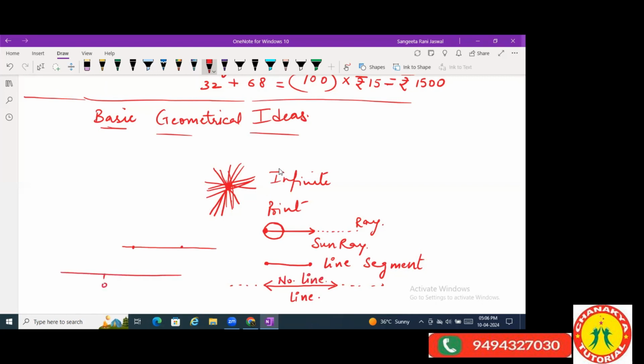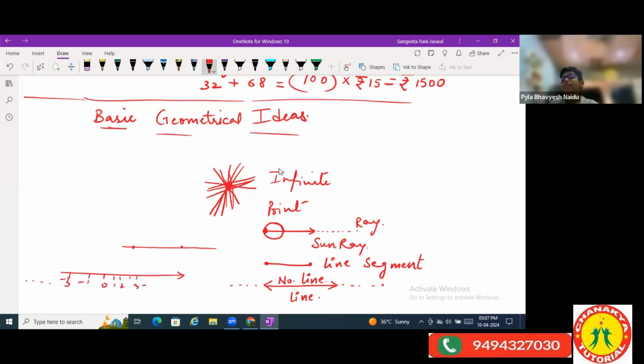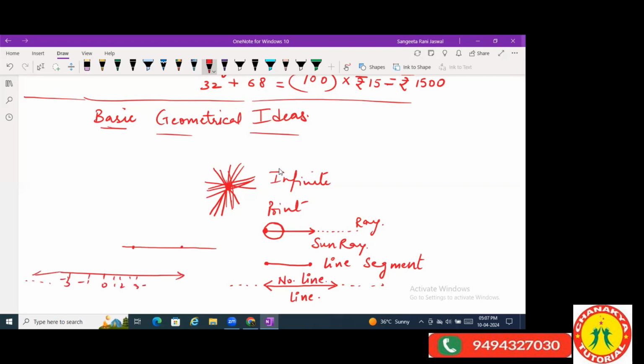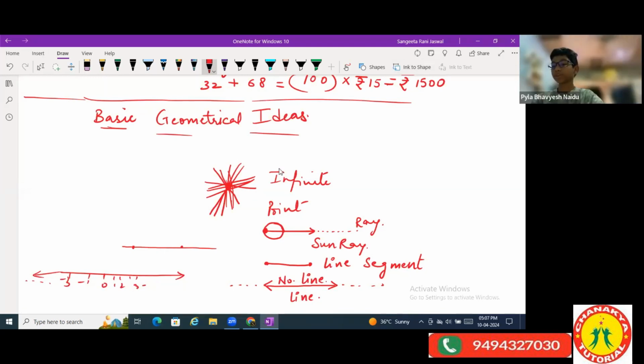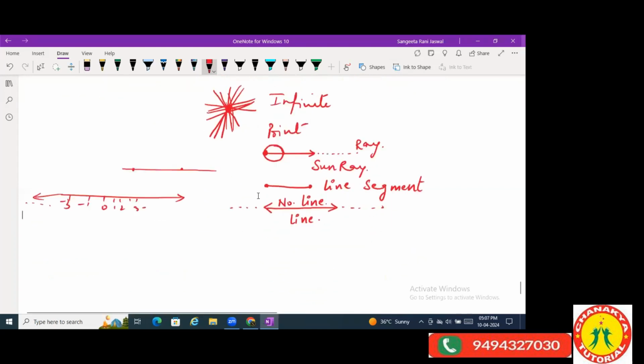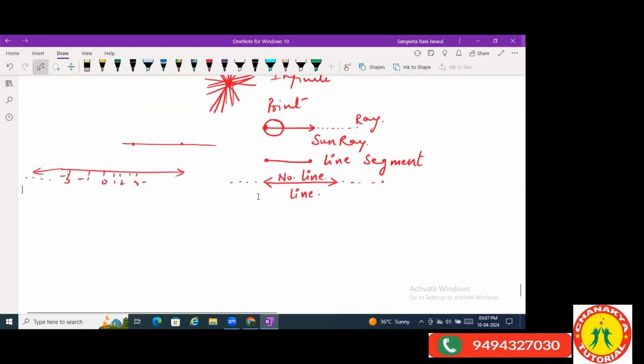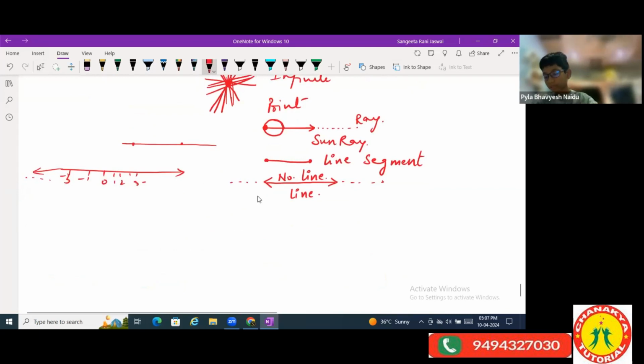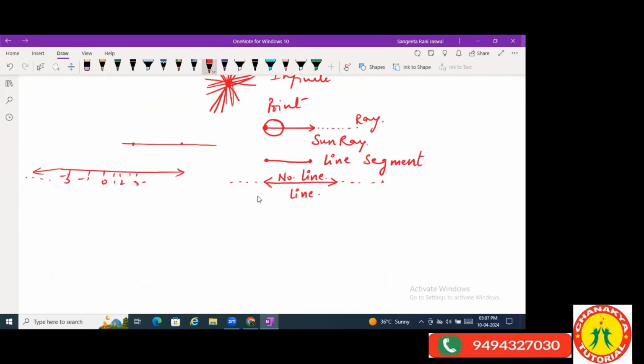We have zero in the middle, on this side all positive numbers, then zero, then -1. That's a line because it has no right end and no left end. So a line has no starting point, no end point, and it continues to infinity on both sides. Yes, very good.